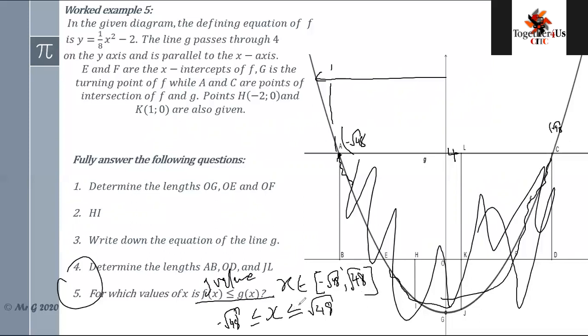That's how you would have answered it. And notice, for the interval case, I use square brackets because we've got inclusion in our inequality sign. If it was strictly less than, I would use round brackets. The same thing here, if it was strictly less than, I would not use less than or equal to, I'll just use less than.